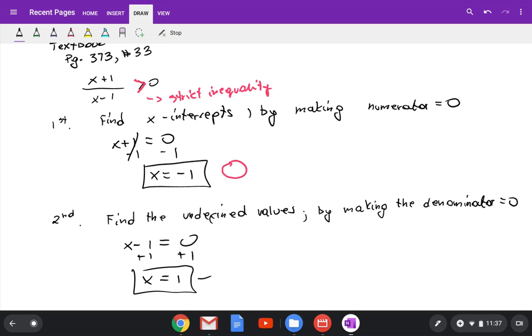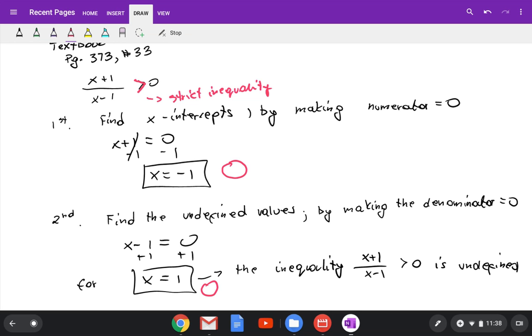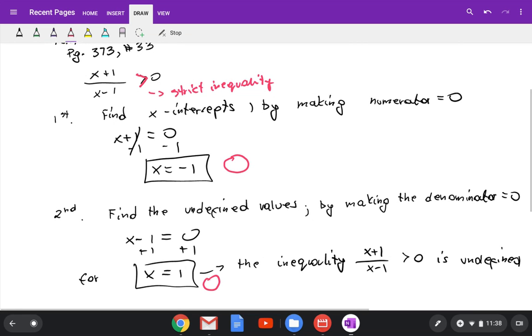So for x equal 1, this inequality is undefined. For x equal 1, the inequality x plus 1 over x minus 1 greater than 0 is undefined. So that's the second point, which will be on our number line to create the intervals. Also, for undefined values, you always keep the circle open. It doesn't matter what the sign of the inequality is.